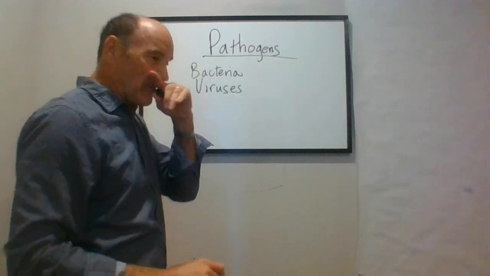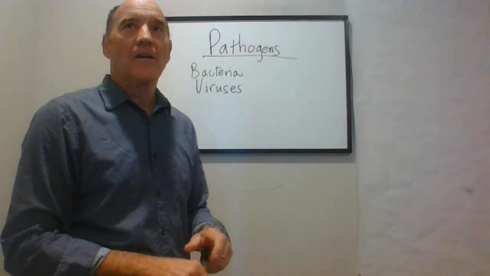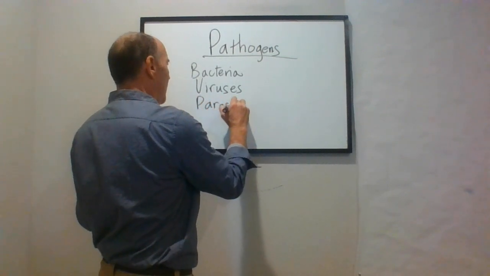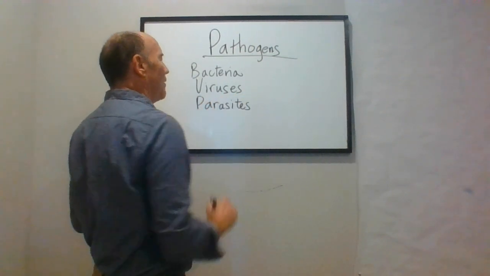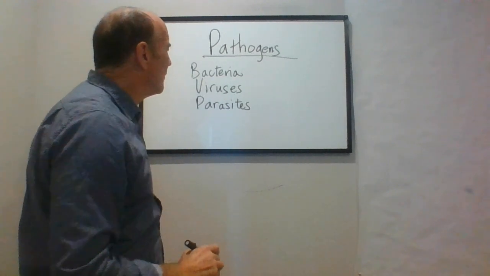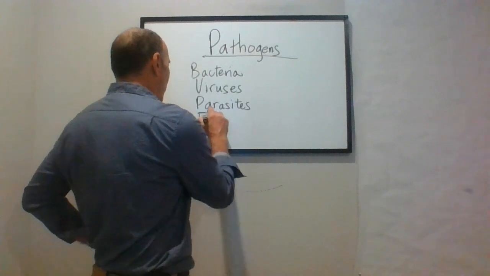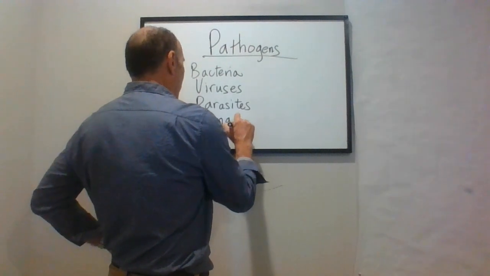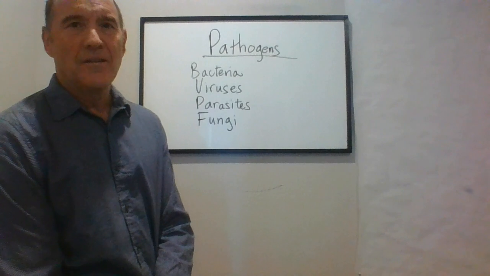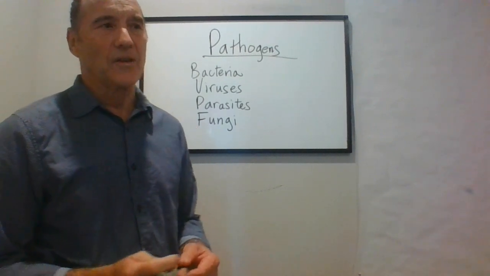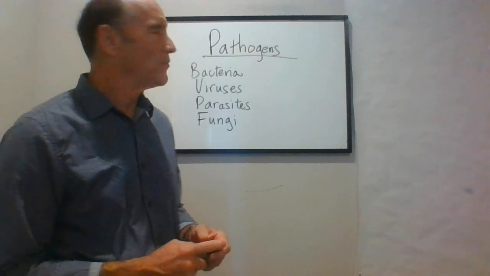Viruses. Parasites. And there's another one. Fungi. Funguses, called fungi. Potential pathogens are things that make you sick or ill or infect you.